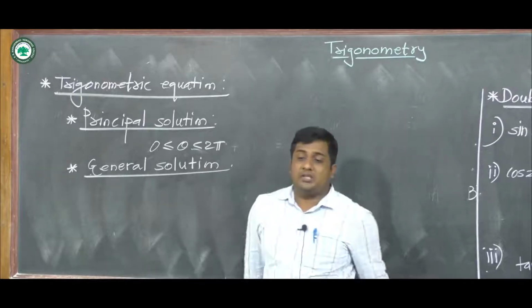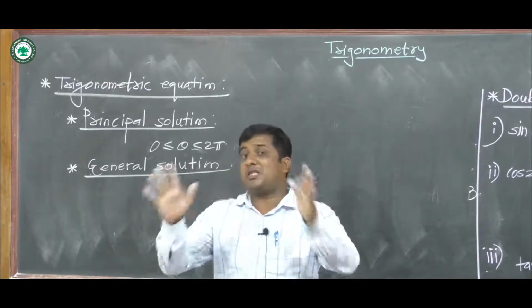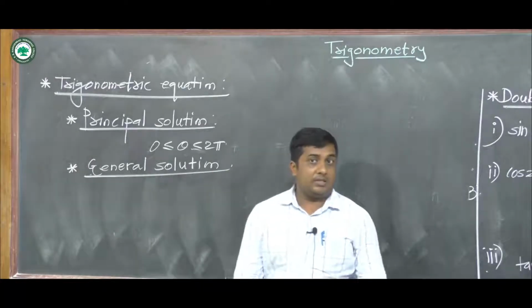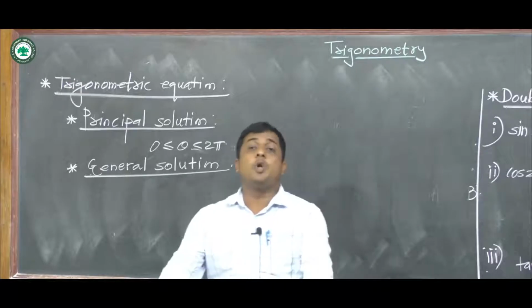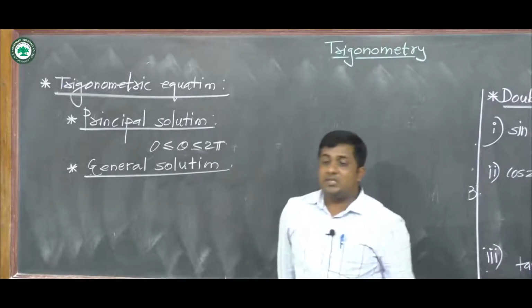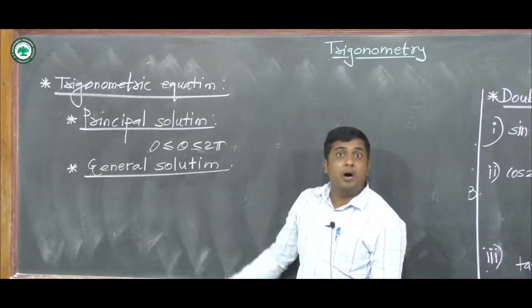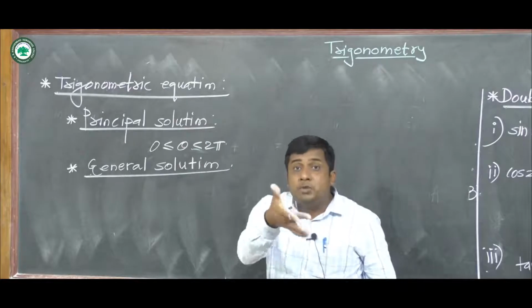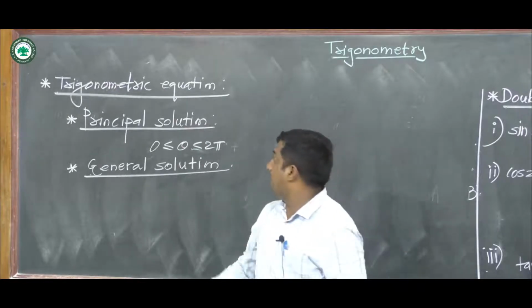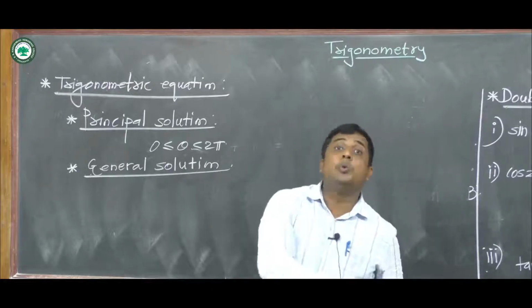These solutions consist of all possible solutions of a trigonometric equation, and this is called the general solution. Remember, for the principal solution we consider some solutions, and for the general solution we consider all the possible solutions.